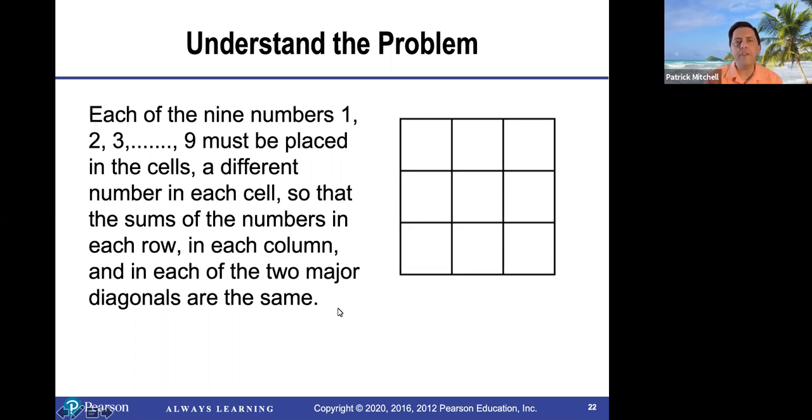So again, each of the nine numbers 1 through 9 must be placed in the cells, a different number in each cell, so that the sums of the numbers in each row, in each column, and in each of the two major diagonals, this one here, and also this one here, all of those sums have to come out to the same number.